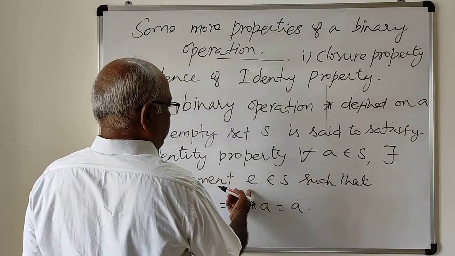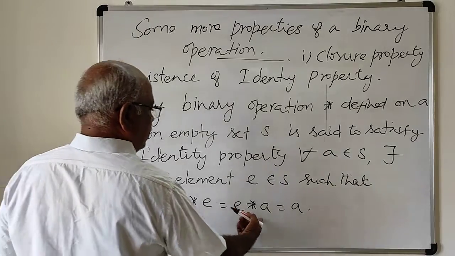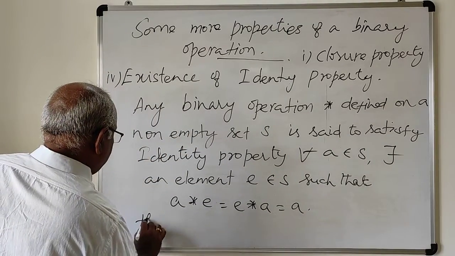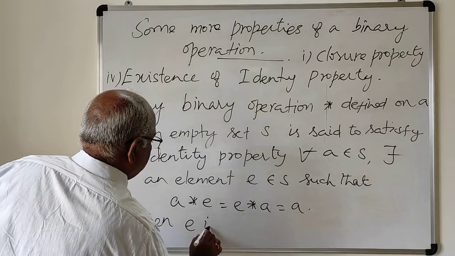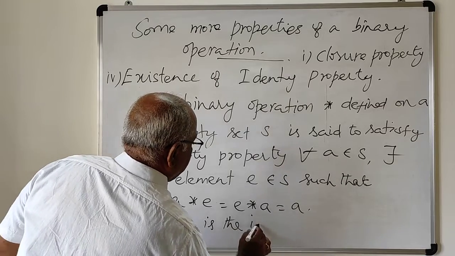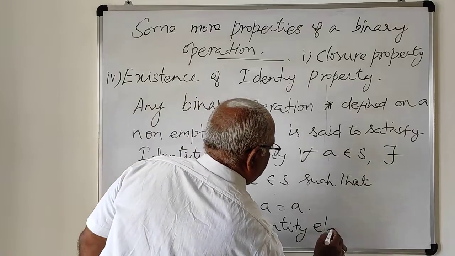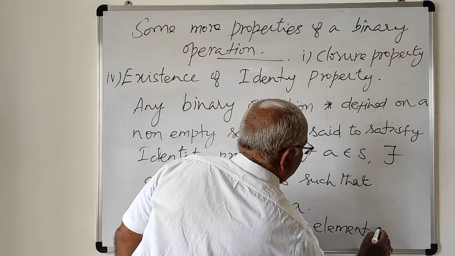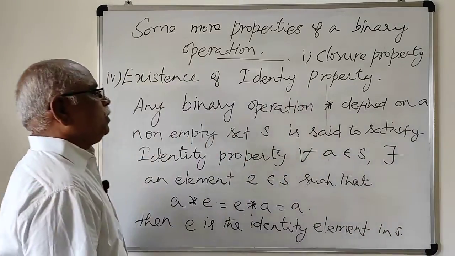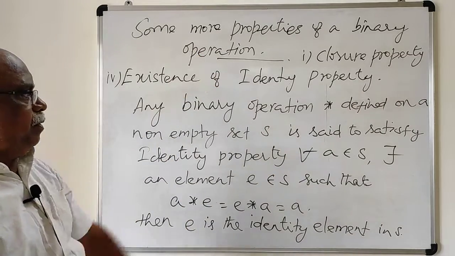There exists an element e in S such that a star e equals e star a equals a, then e is called the identity element in S. This is the identity property, existence of identity property.